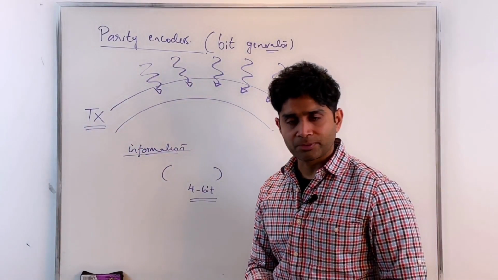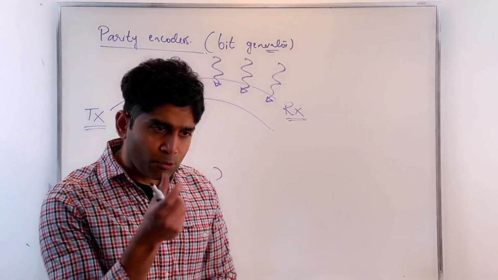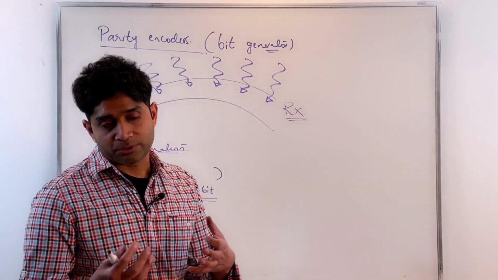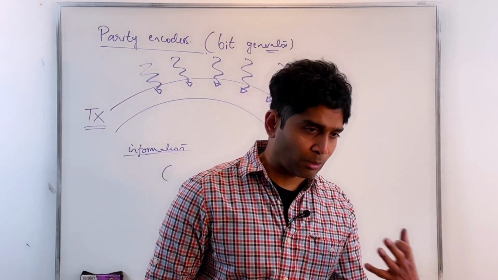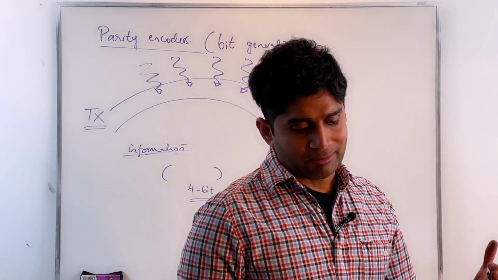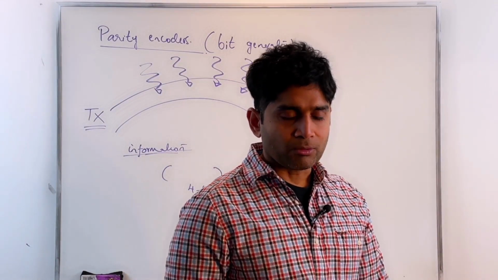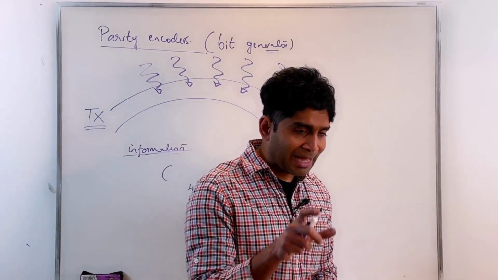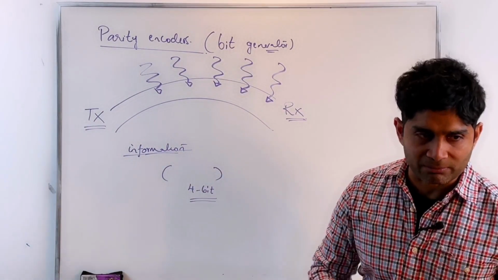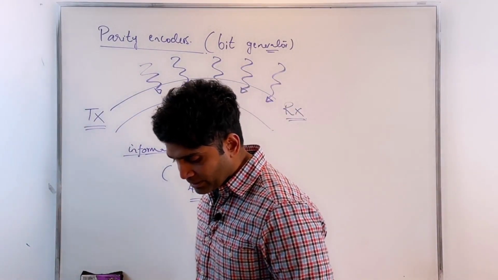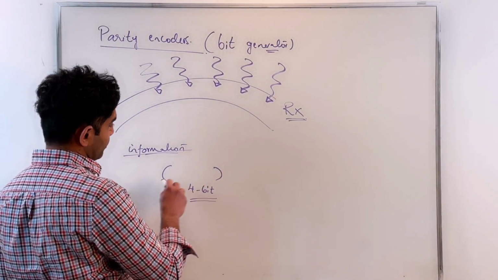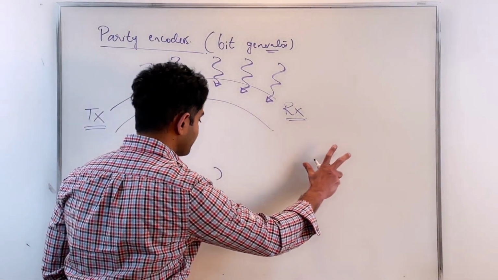Or if you're trying to download an MP3, a sound signal, each of the 4 bits could represent the sample value, the sample level that we discussed before. So I'm transmitting them as 4 bits through my communication channel.